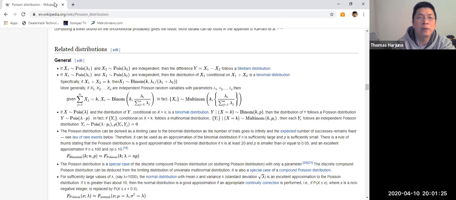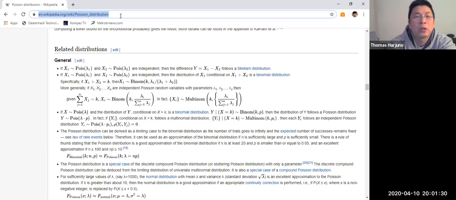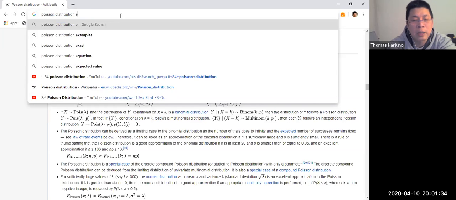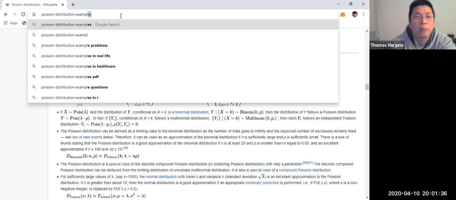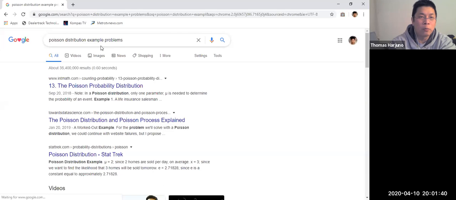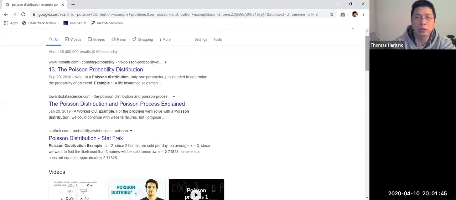Let me see if we can find a good question from the internet. Poisson distribution example. Now you know how I get my problems. I don't want to write my own problem, because later a student may say, Thomas, I don't understand your English.